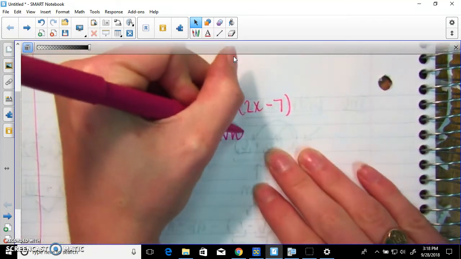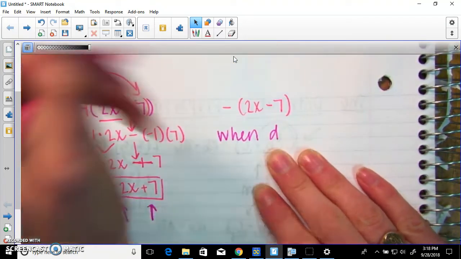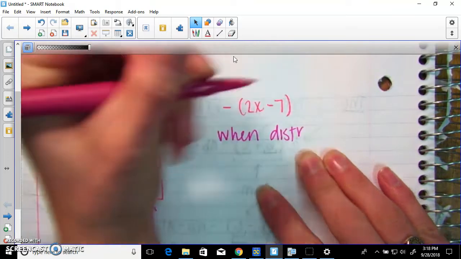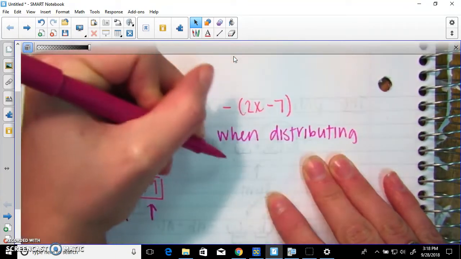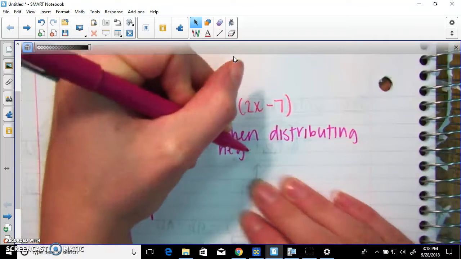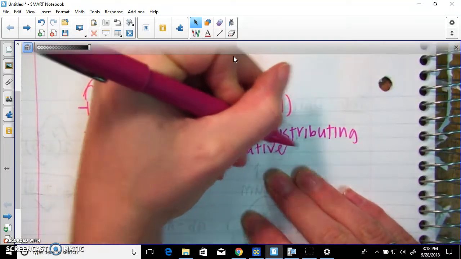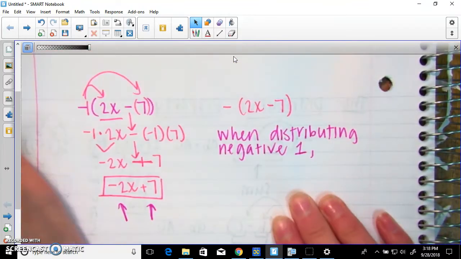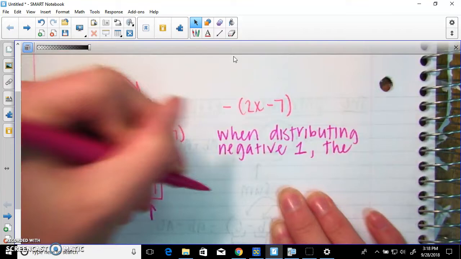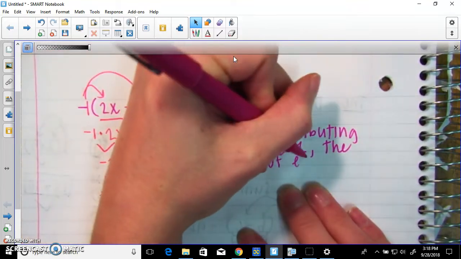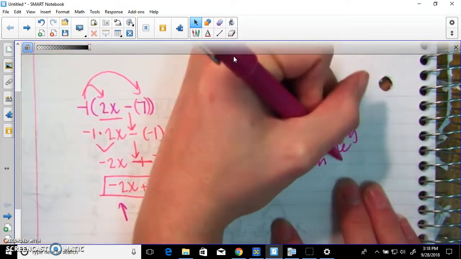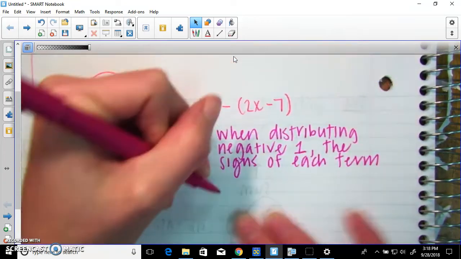So when distributing negative 1, the signs of each term flip.